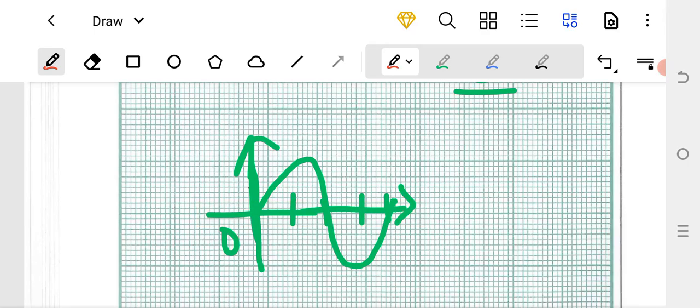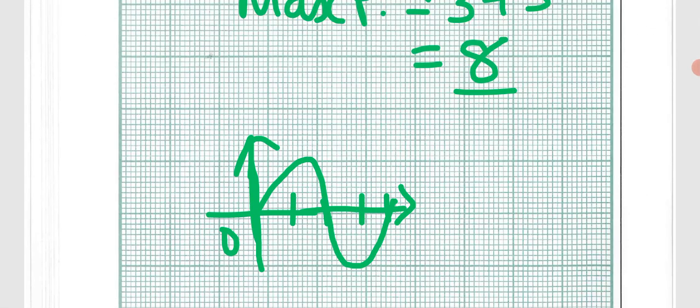Okay? So what I'm trying to say is that this line represents 0, right? Since there's a plus 3, it's going to be shifted up 3. Alright? So here, if you look nicely, it means that 0 has been shifted.